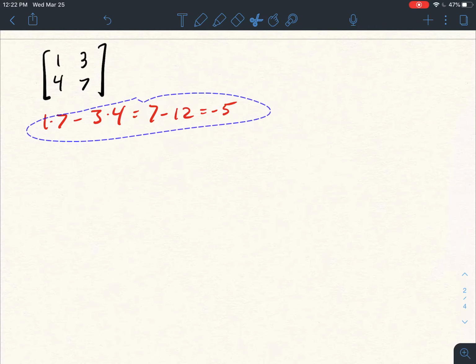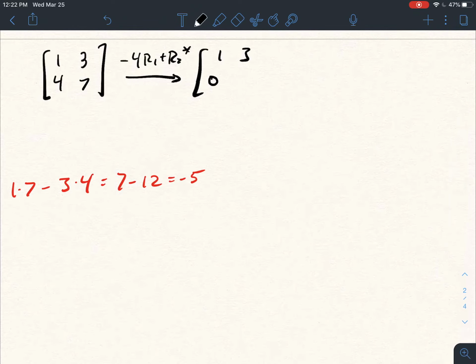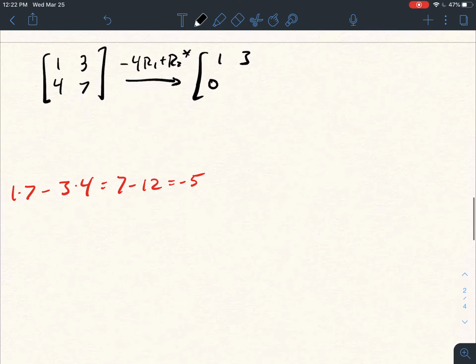Let me move this over here so I can do some row operations. Now let's actually use the definition of the determinant function to see what the determinant of this 2 by 2 matrix should be. So let's row reduce it to the identity matrix. Let's do -4 times row 1, add it to row 2 and replace. The first row stays the same, and the second one is going to be 0, then -12 plus 7, which is -5.